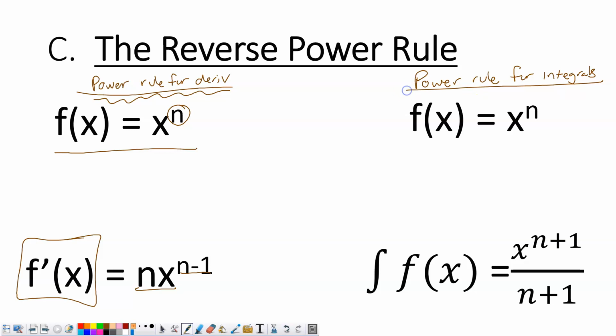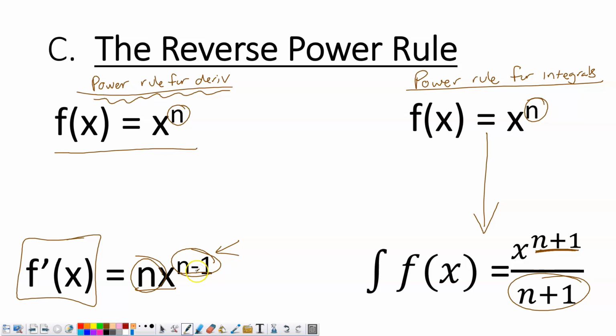So let's take a look at that. First of all, let's go back to our derivative here. What do I do? In this case, we subtract 1 from the power, and we multiply by n, right? So not surprisingly, to get from here to the antiderivative, I would add 1 to the power and divide by that value instead of multiply.